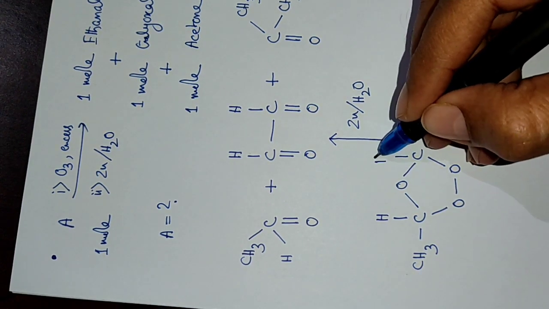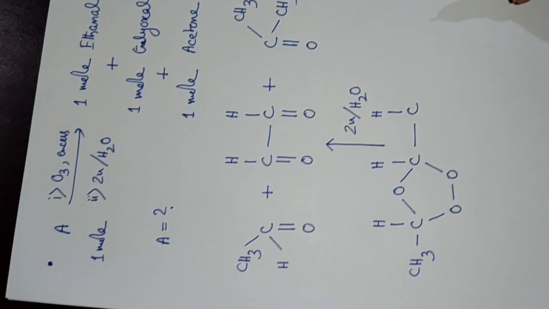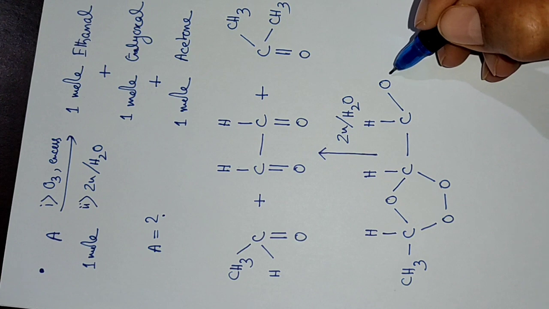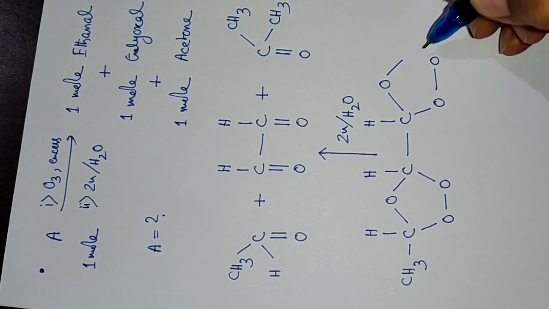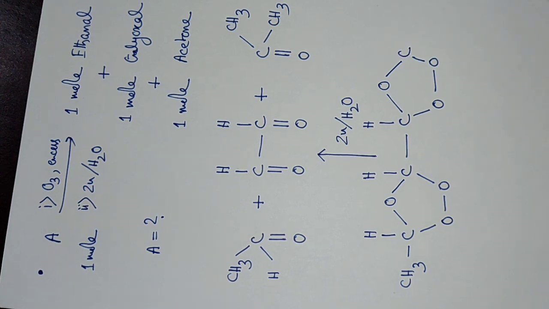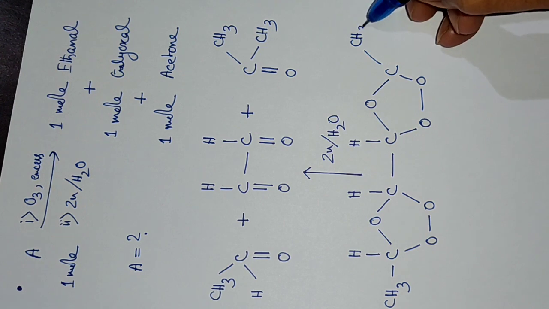Now we have one hydrogen here, another hydrogen here, another ozonide which gets converted to carbonyl later on. We have 2 methyl here.